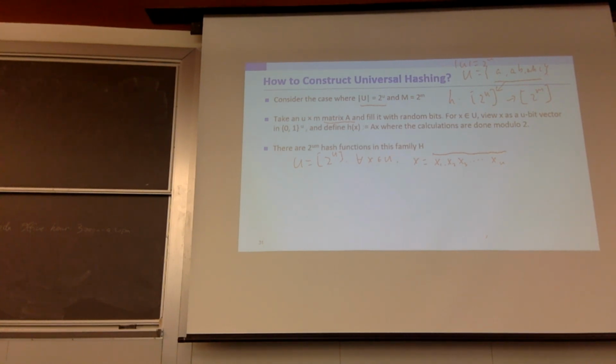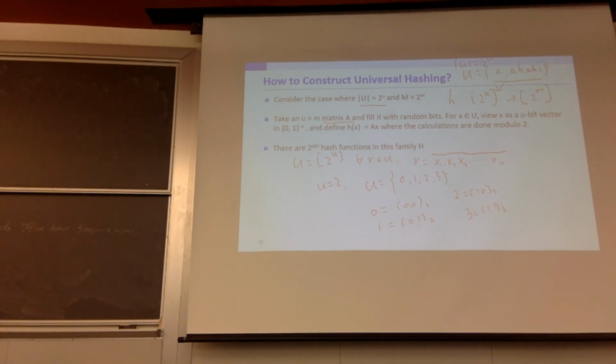One example: say u is 2, then the universe is 0, 1, 2, 3. And 0 can be written as 0, 0 in binary, 1 as 0, 1, 2 as 1, 0, and 3 as 1, 1. So for this particular U, you can write each element in the universe as a u-digit binary number.